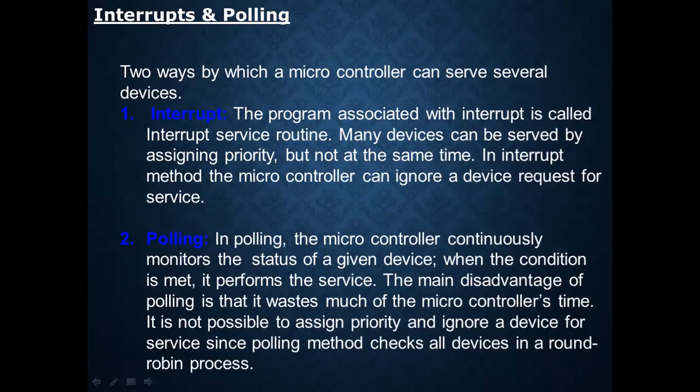In case of polling, the microcontroller continuously monitors the status of the given device. When the condition is met, it performs the service. The main disadvantage of polling is that it wastes much of the time of the 8051 microcontroller.